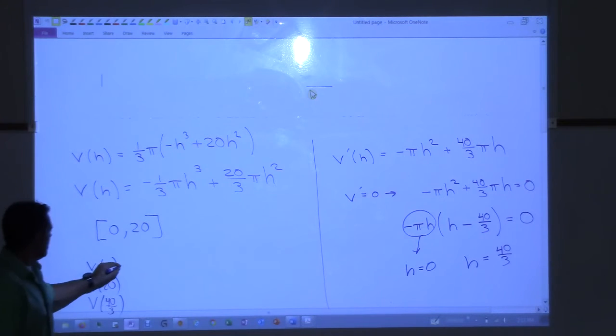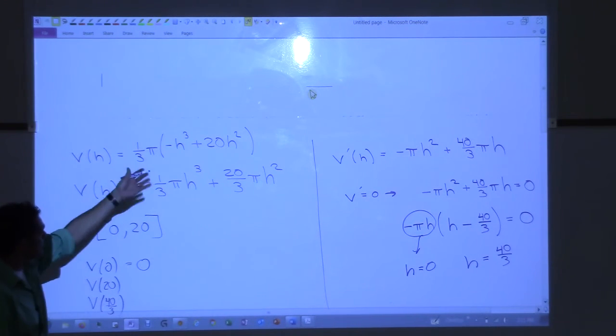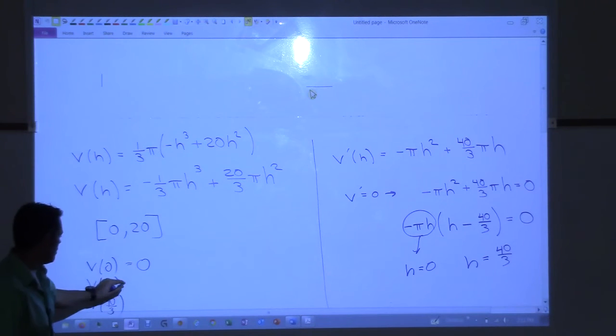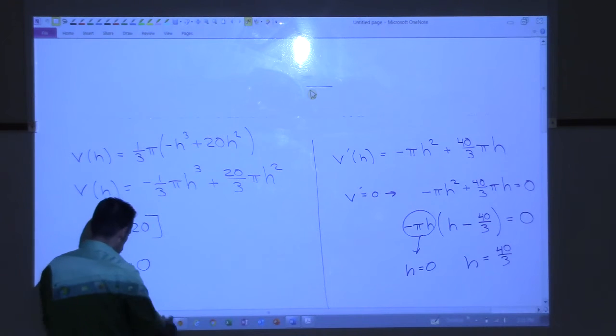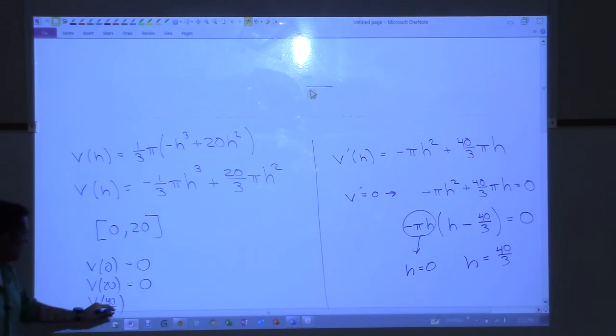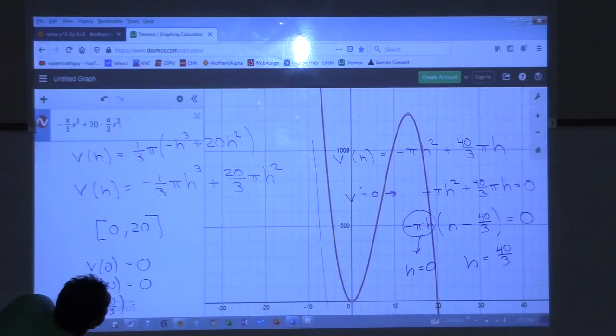And when you do that, the volume at 0 is 0. You can see that in there. And I think the volume at 20 is 0. And then the volume at 40 thirds, I can cheat because I already had the computer do that for me. It was 1241.123.